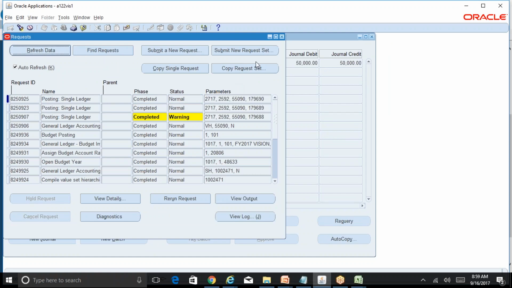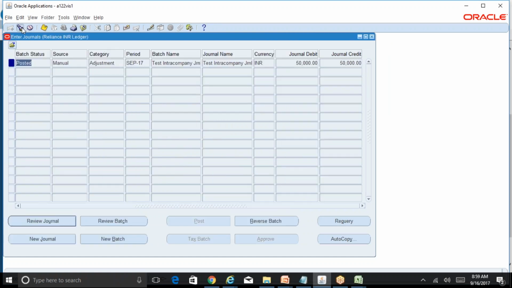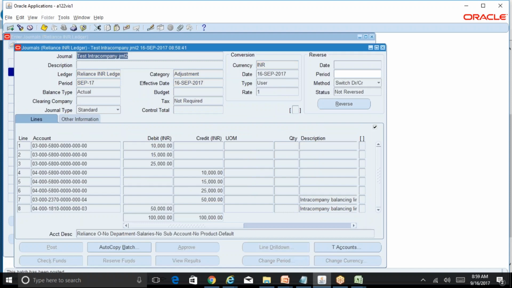It's posted, completed normally. Now requery your journal. I think this is the one which we have passed. If you remember in the intercompany setup, I selected an option called summarize. As we have done a summarize, for 03 there is a debit of 10,000, 15,000, and 25,000. Total debit is 50,000.